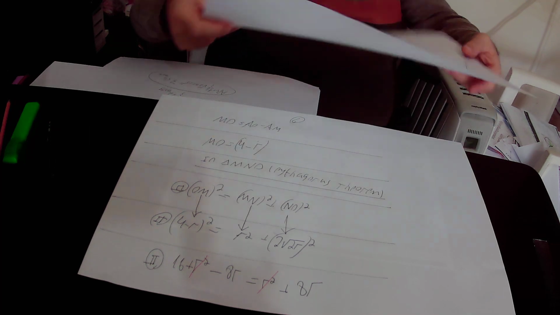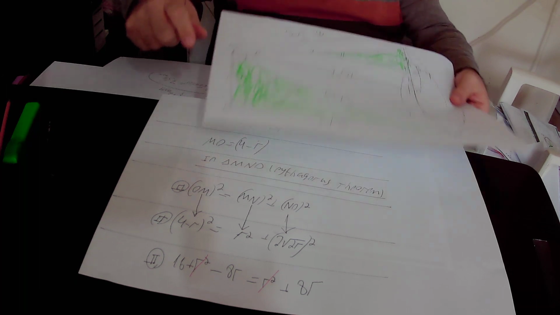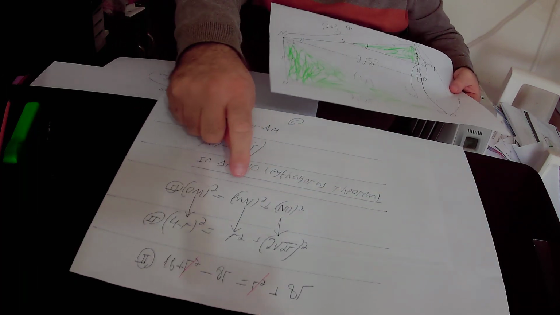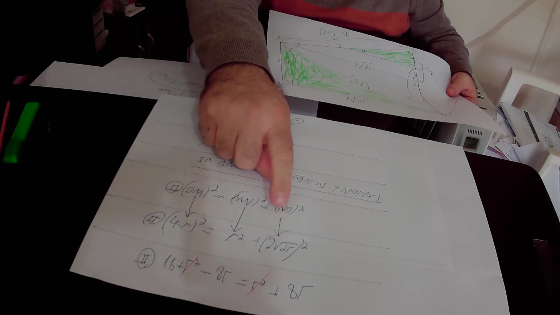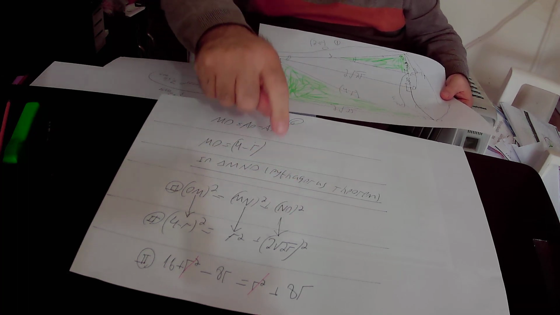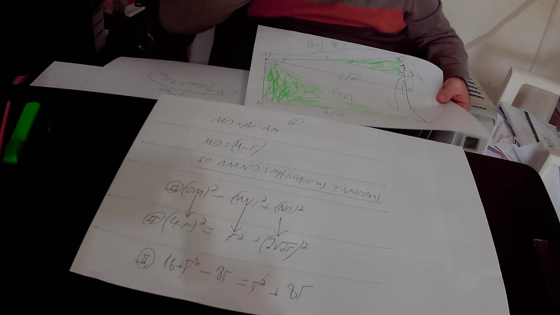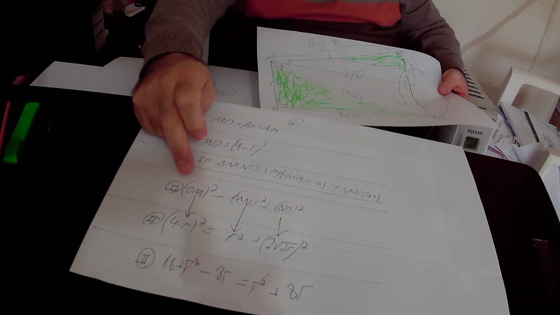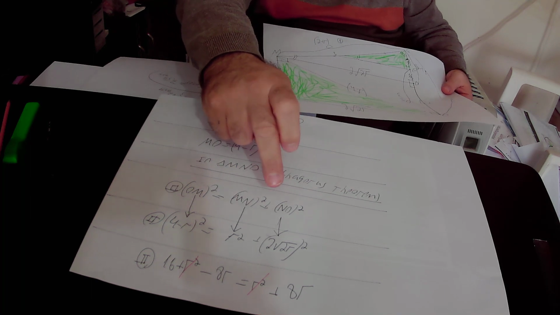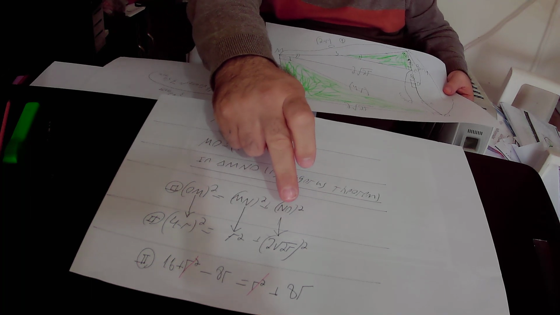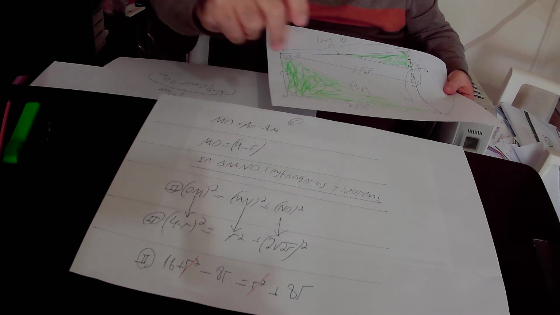MO is 4 minus R, MN is R, so MN squared is R squared, and NO is 2 times square root of 2R, so NO squared is 2 times square root of 2R, squared.